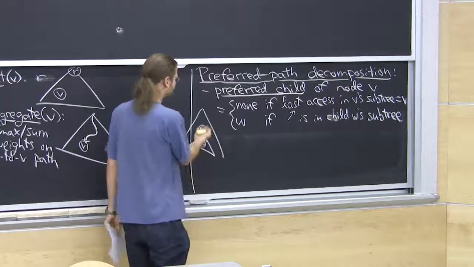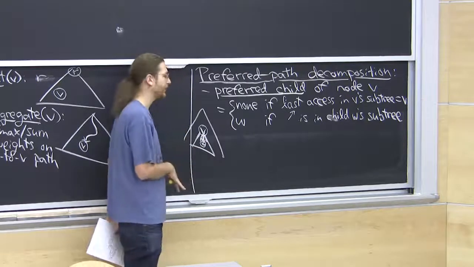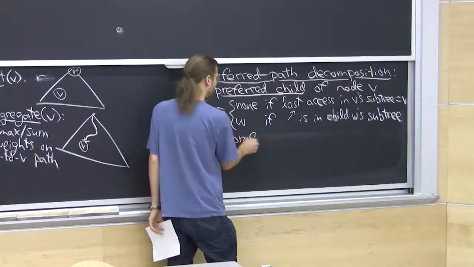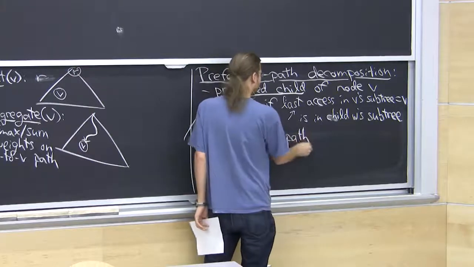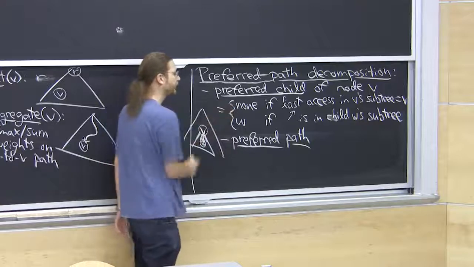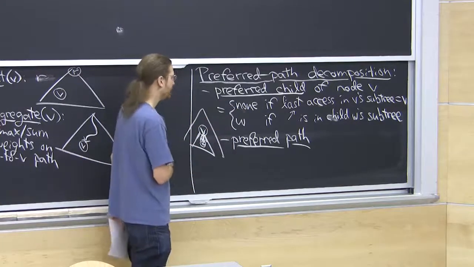Okay, once you have preferred children, that gives you one outgoing downward edge from every node, and so we get preferred paths by repeatedly following preferred child pointers. Now we may stop at some point because we reach a none. I'm going to use none as like null pointers in this lecture.